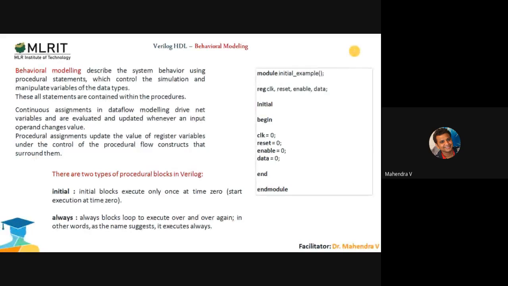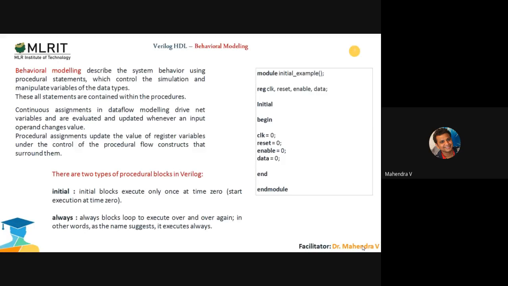But the always block will be repeated, like while one, continuous repetition. The always procedural block executes in a loop. That's why the name is always construct. But the initial construct is executed only one time, not multiple times.